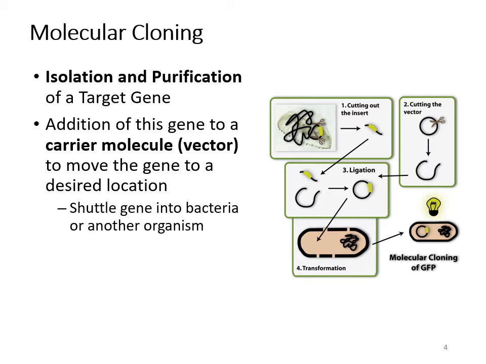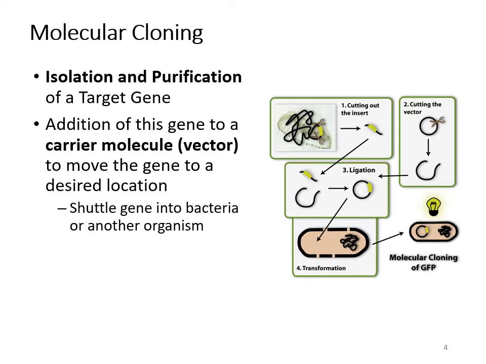And once you do that, those two pieces of DNA, your target gene that you cut out of a genome from either human or yeast or bacteria, now has the same sticky ends as the vector that you just cut open with the same enzyme.